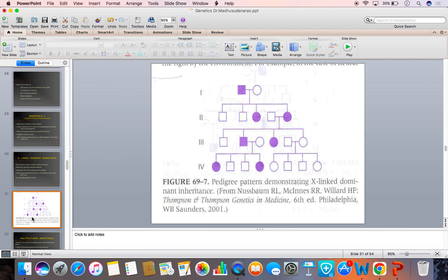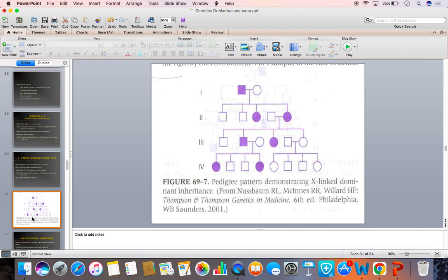This is the pedigree showing the sex-linked dominant pattern of inheritance. You see, the father is affected, all his daughters are affected, none of his sons are affected. Remember, in X-linked inheritance, the father never transmits the disease to his sons.